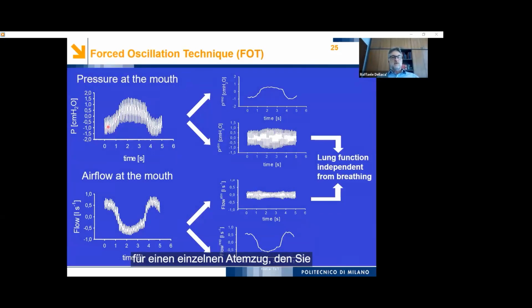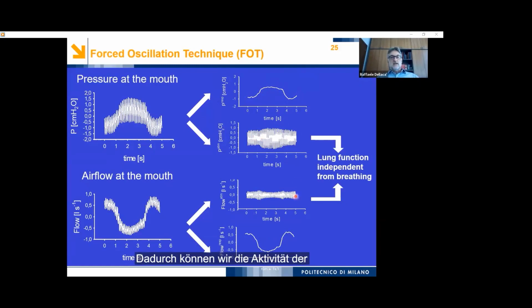This is an example of one single breath, with the pressure in the upper panel and the flow in the lower panel: one single spontaneous breath, and many oscillations that are produced in this case at 5 Hz, 5 oscillations per second. We can use digital filtering to easily separate the slow spontaneous activity of the patient from the fast activities given by the forced oscillation device.